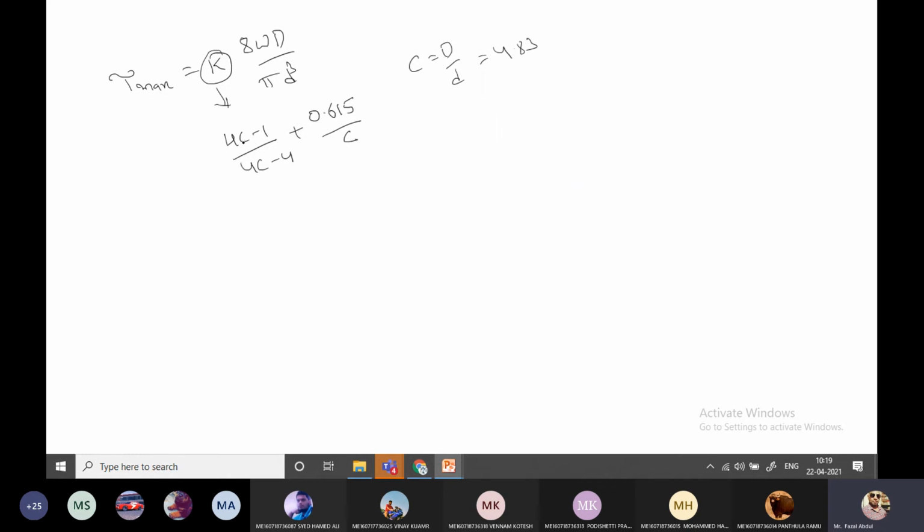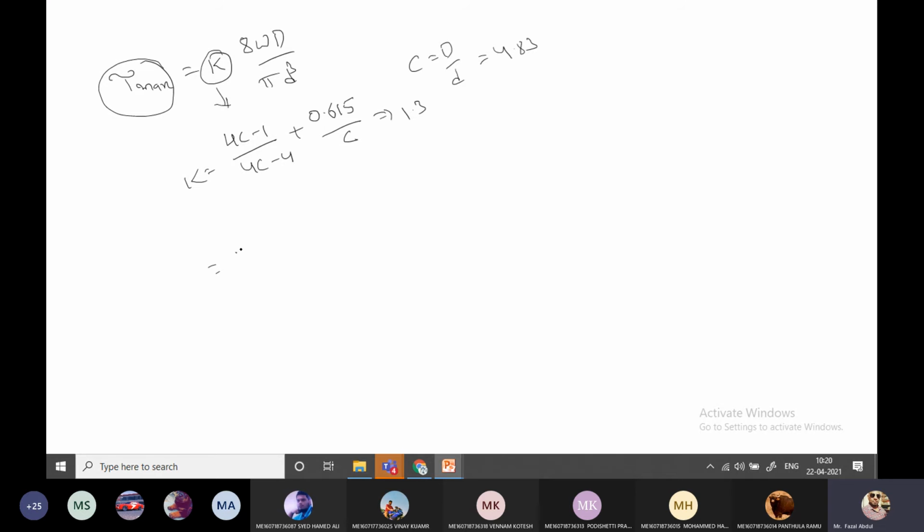Now substitute the 4.83 here and get the value of K, and substitute it here, you will get the maximum shear stress. So I am writing here the K value, how much? 1.32. K value is 1.3.